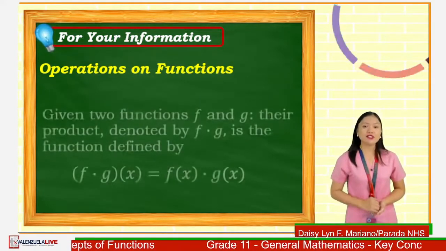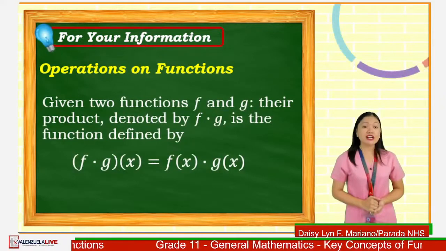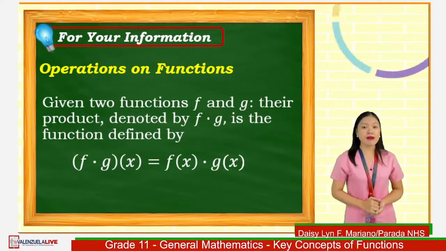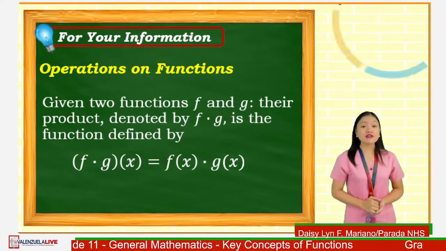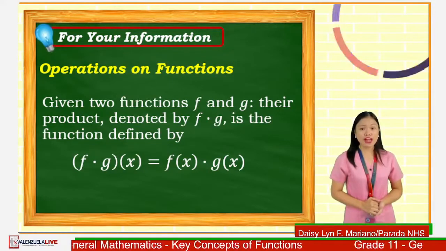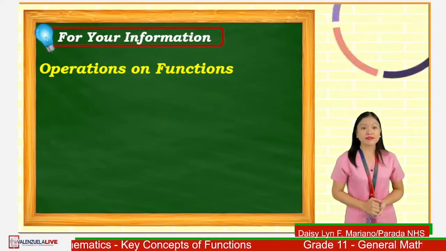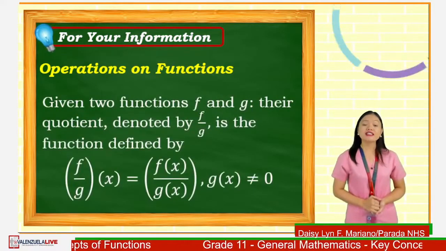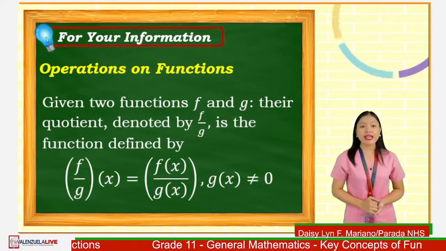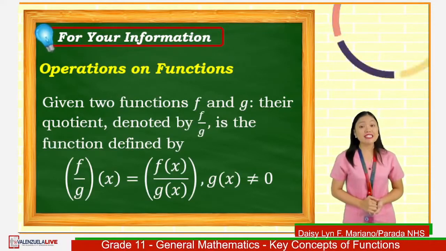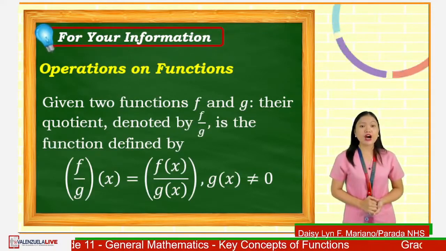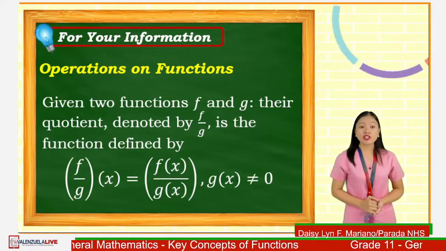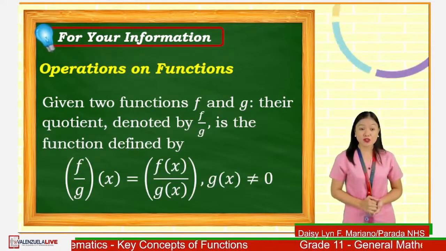Their product, denoted by f times g, is the function defined by f times g of x is equal to f of x times g of x. Their quotient, denoted by f over g, is the function defined by f over g of x is equal to f of x over g of x, where g of x is not equal to 0.